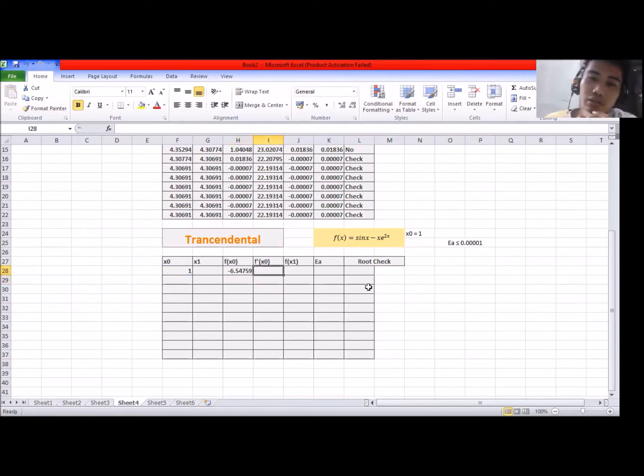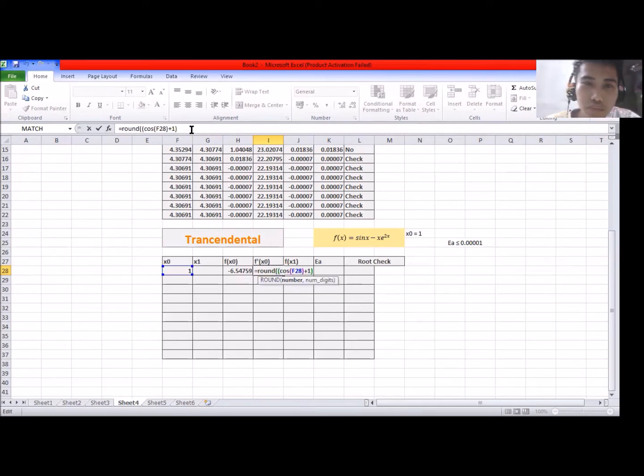Then the derivative of sine x is equal to cosine x, so cosine of x of 1. Then plus 1, plus 1.